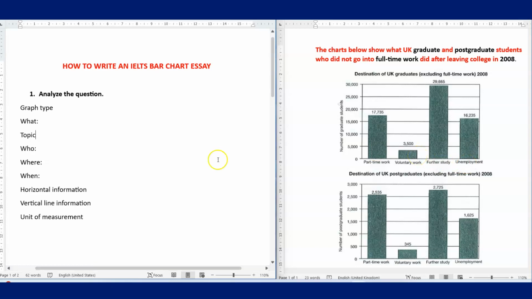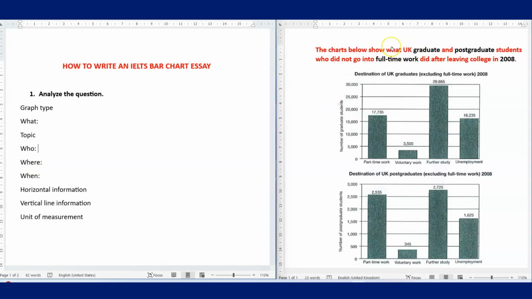So we have the two variables under four categories. Those involved are the graduate and postgraduate students, in four different places. Where was this particular information taken from? The place that we are dealing with here is the UK.